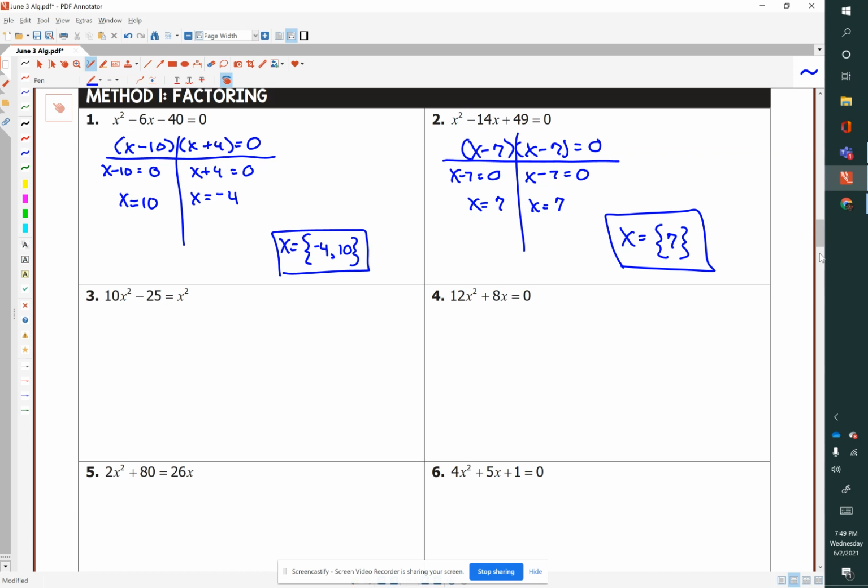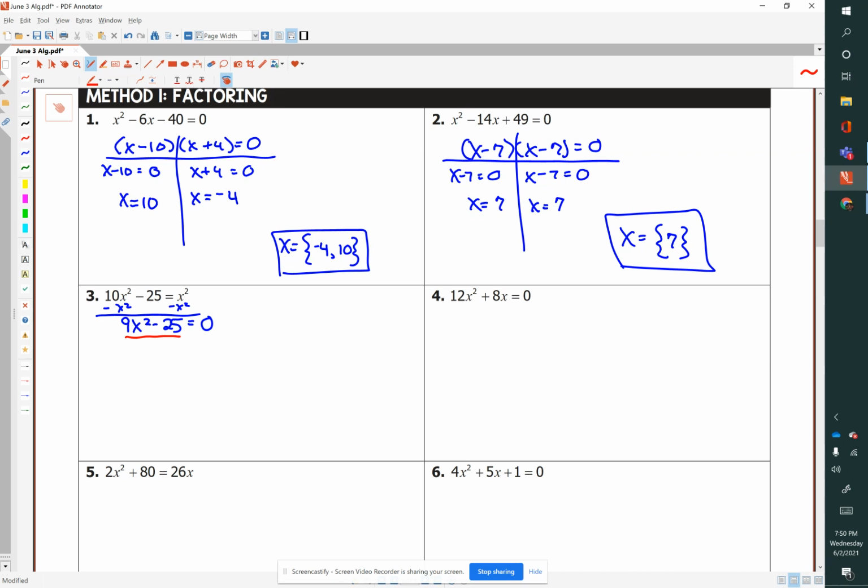we have to subtract x squared from each side, which will give us 9x squared minus 25 equals 0. And I hope you recognize that this is a difference of squares.